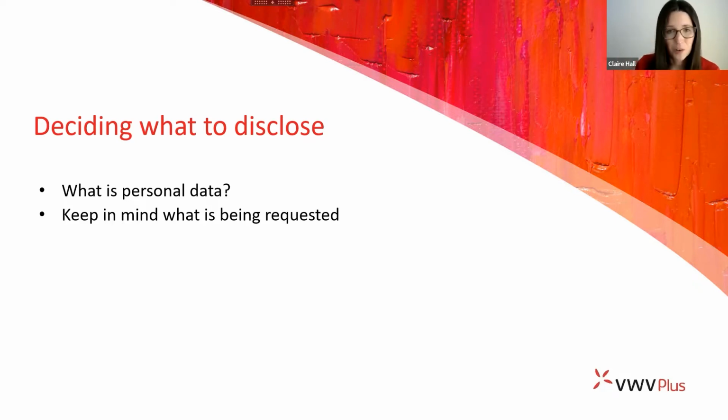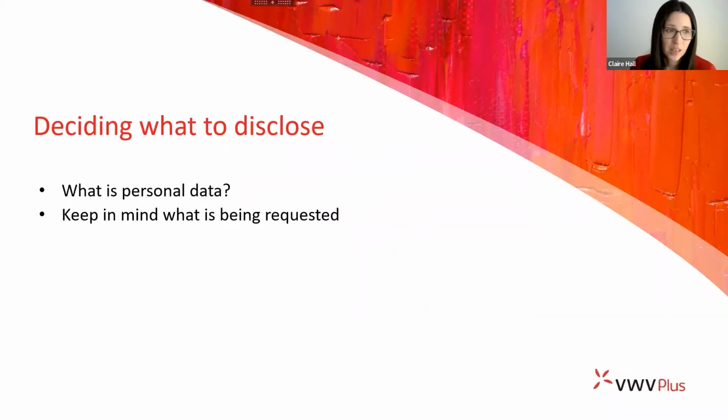Can't really give you specific advice on how to do your searches because it will vary from subject access request to subject access request. Also keep in mind what is being requested. So often when people do come back to clarify their requests, it is quite helpful, and you can then just make quite targeted searches for what they are saying that they want.